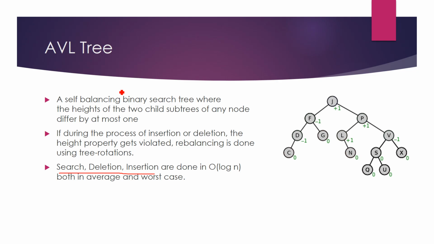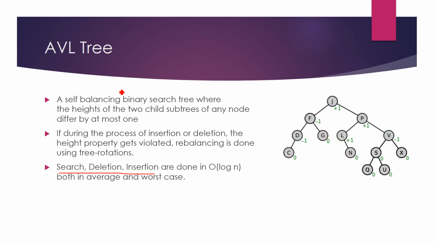In fact, if during insertion or deletion the balance property gets violated, we can rebalance the tree using tree rotations. In this tree, every node maintains a balance factor which varies between -1 and 1, just to indicate the difference between its left subtree and right subtree.